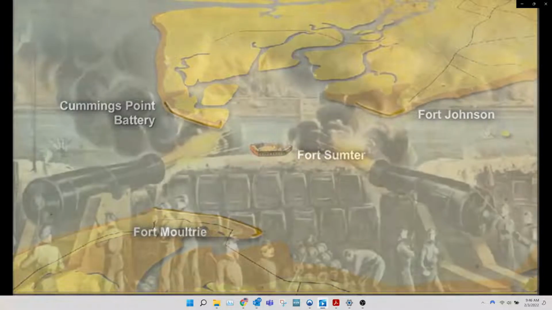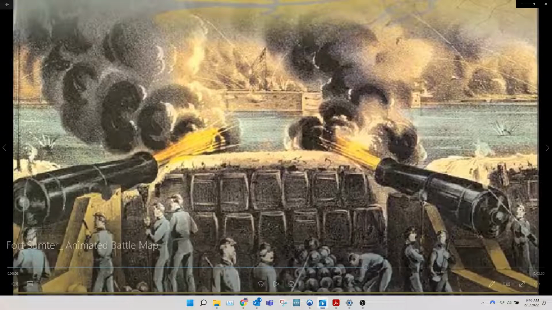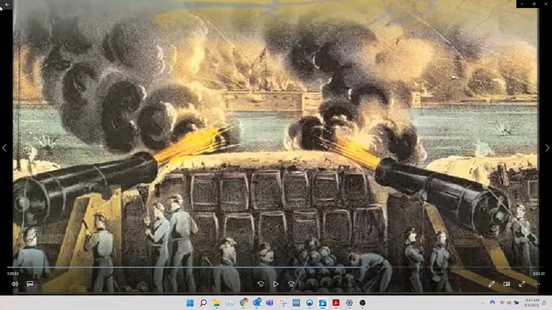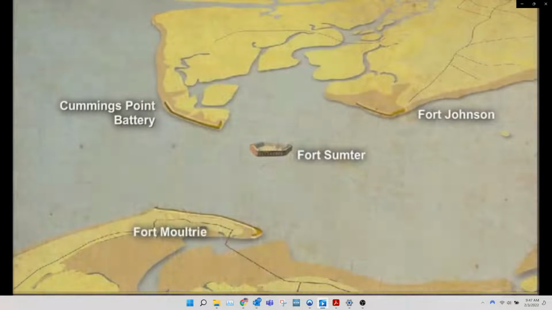At 4:30 a.m. on April 12th, a shot fired from Fort Johnson on James Island burst over Fort Sumter and signaled the Confederate batteries in Charleston Harbor to commence an assault on the fort.